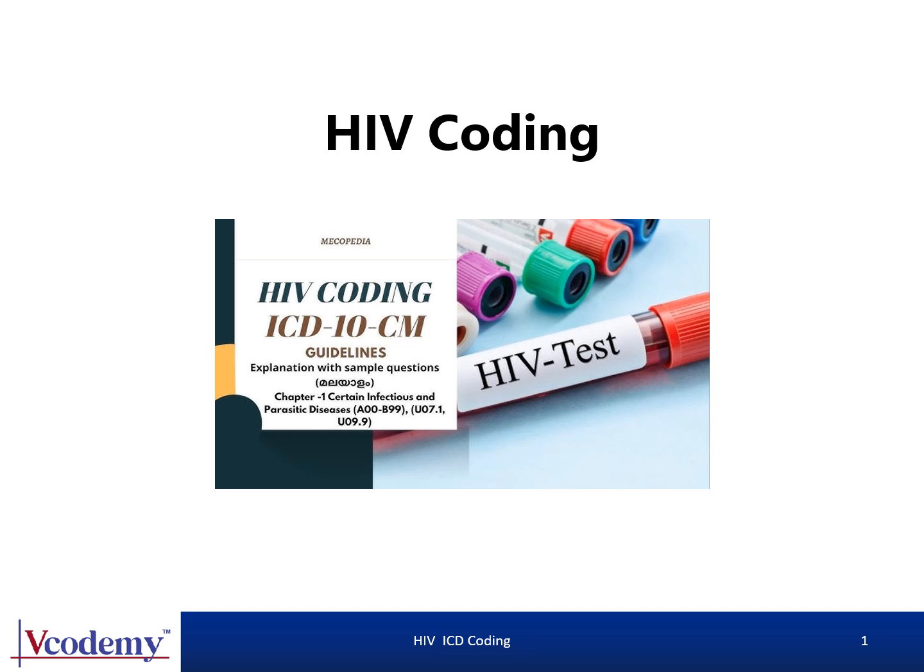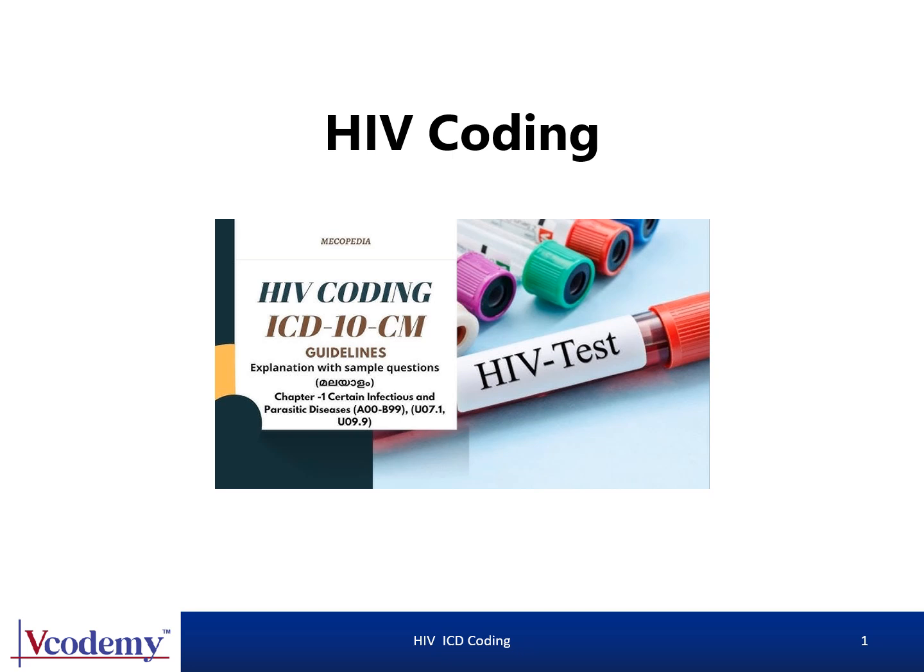HIV weakens the immune system by destroying the T cells, until the body is unable to fight off even minor illnesses. Sometimes the patients will have the HIV virus but without any symptoms. They are called asymptomatic patients.